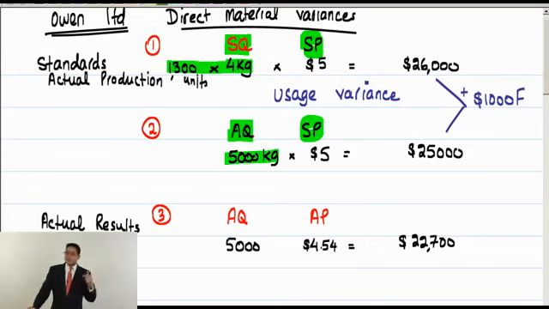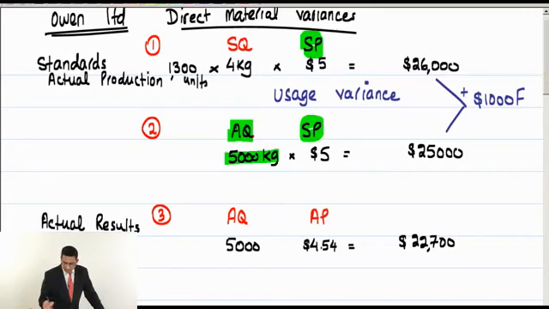Can you see a saving of 200 kilos? And that gives rise to the usage variance. Okay, so whichever way you go along, just make sure you finish the questions in time. My recommendation is go through the easy steps rather than looking into the difficult ones.